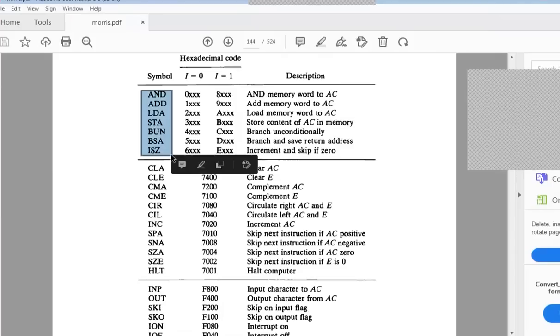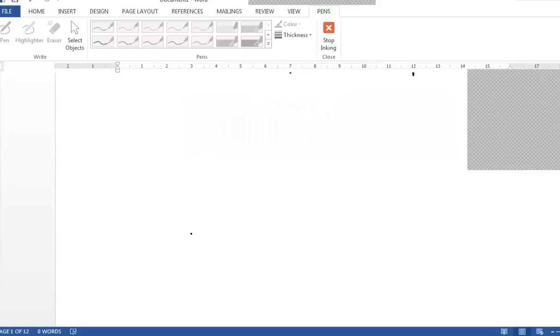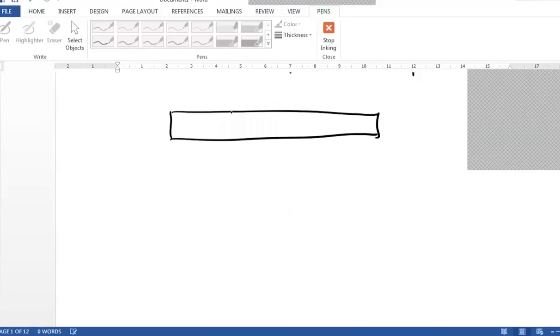How did we get to know? First of all, when we say this is my 16-bit instruction format, I'm dividing it into 4 parts of 4 bits each. We saw that the first 4 bits contain the I bit and the opcode.